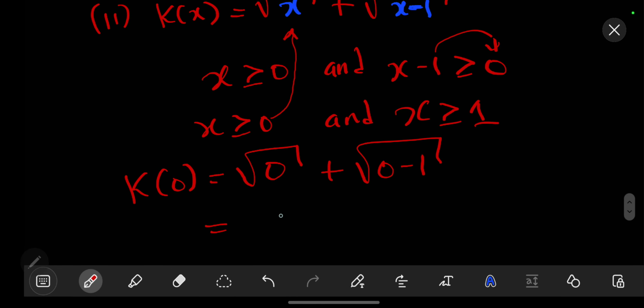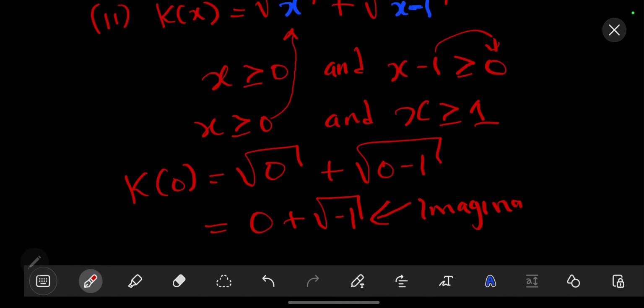We are going to have the square root of 0 is 0 plus the square root of 0 minus 1, which is negative 1. Now this already is imaginary. So that means the solution of saying that x should be greater than or equal to 0, meaning you're saying that 0 can be used, is false.